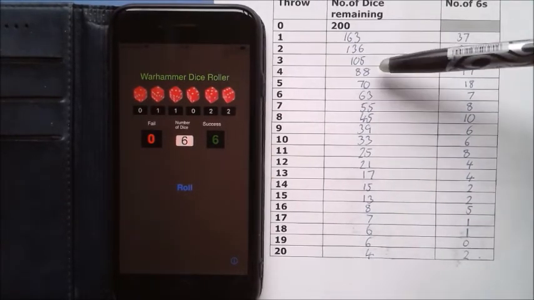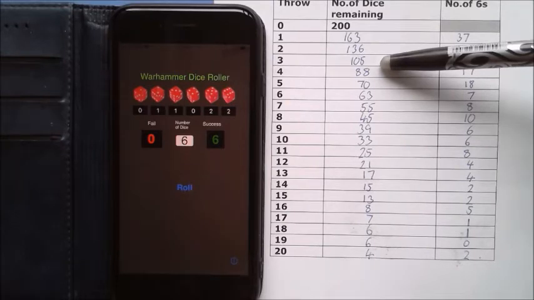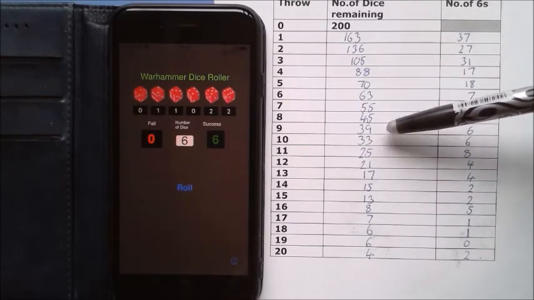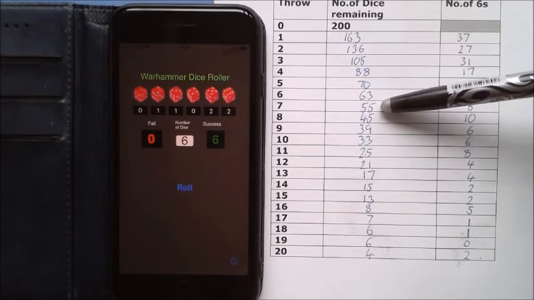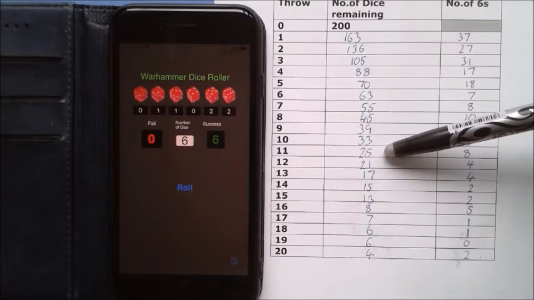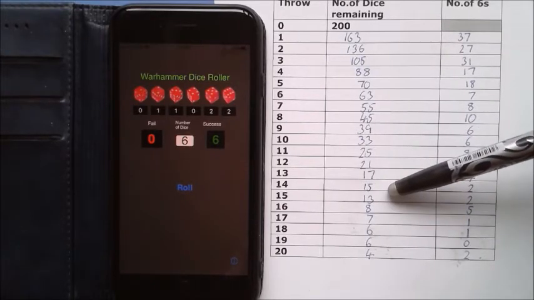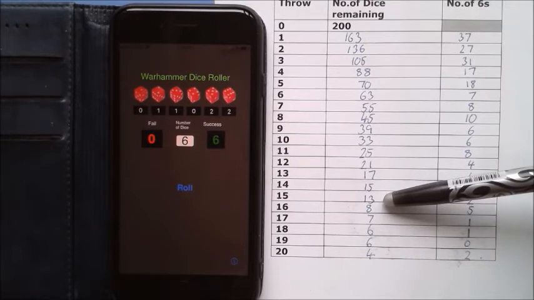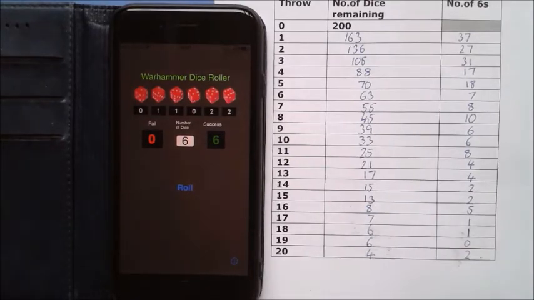From 100 down to 50 has taken about another 3.5. From 50 to 25, about another 3.5. From 25 to 12, 4 this time. And from there down to about 6, about another 3. So the half-life of these dice is about 3.5 throws.